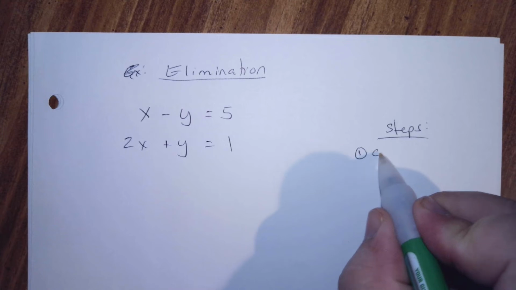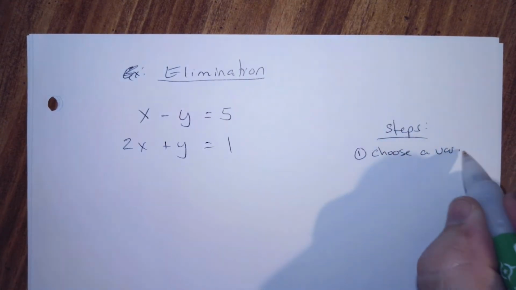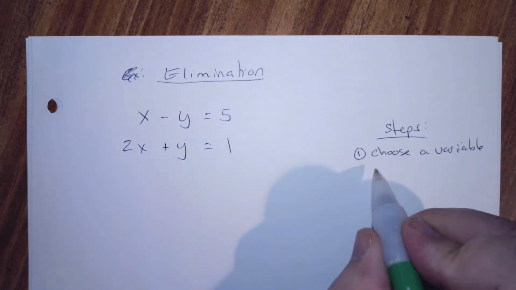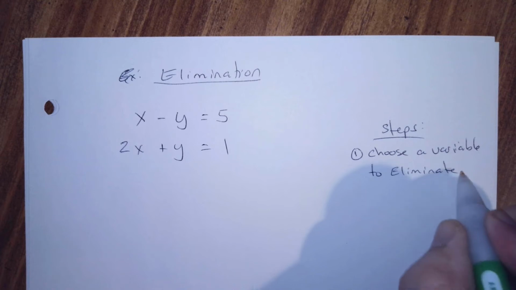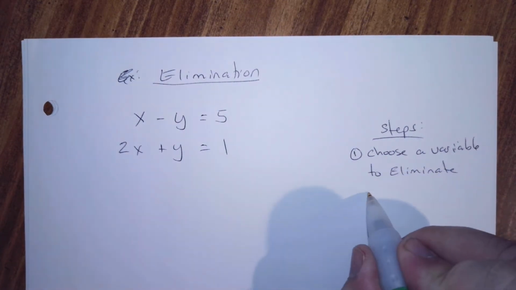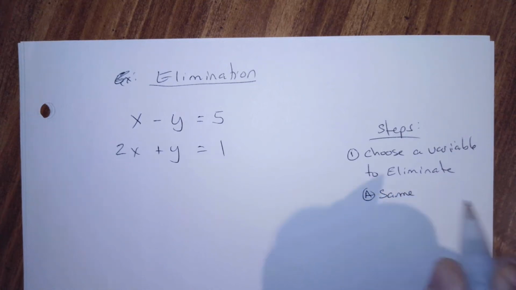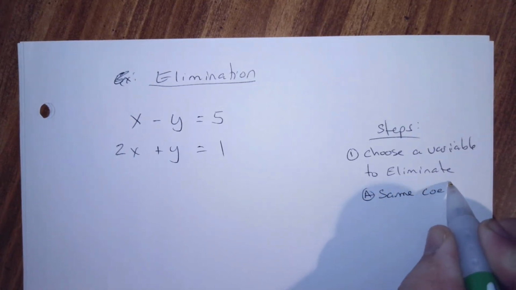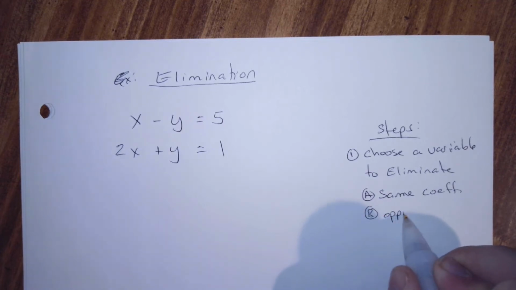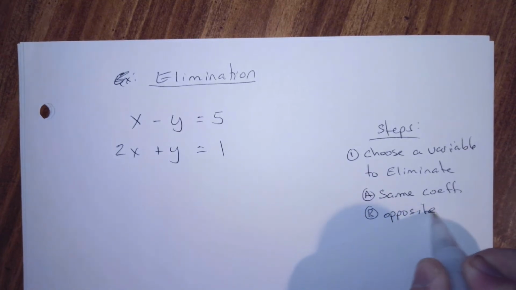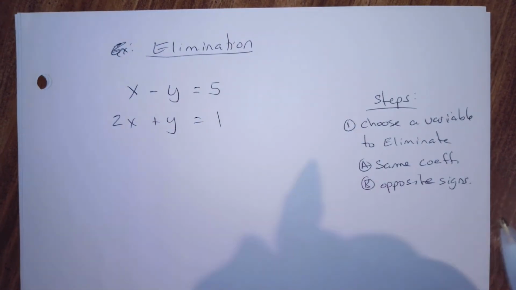So first step, choose a variable to eliminate. What you're looking for is that they have to have the same coefficient but opposite signs, because you're trying to eliminate them.